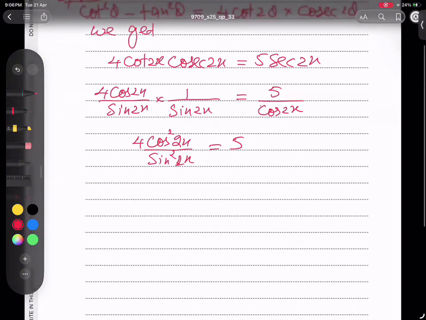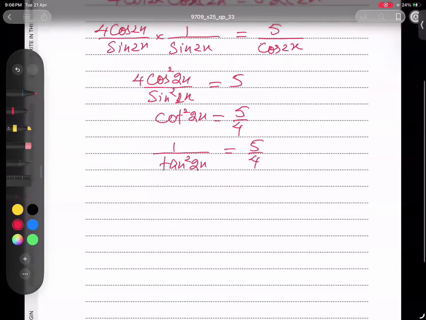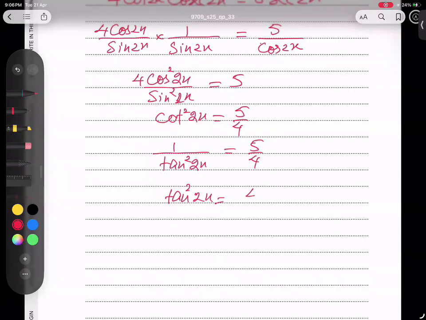And 4 will go on the other side. And cos over sin, I can write cot square 2x. If I flip both sides, because tan is 1 by cot basically, I'll get, students, what? tan square 2x is equal to 4 upon 5.